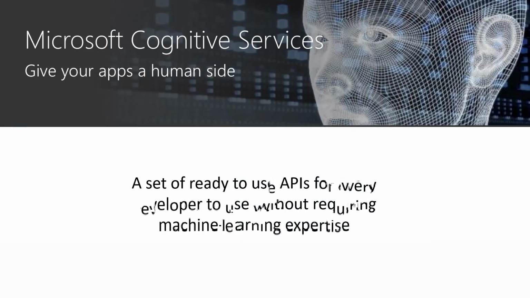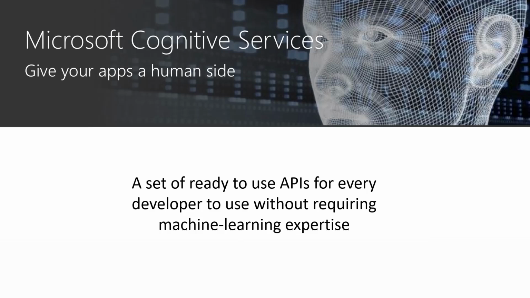So this is actually what Microsoft Cognitive Services does. It helps us developers give our applications a human side, be smart, understand natural language, make decisions, and make our lives easier.